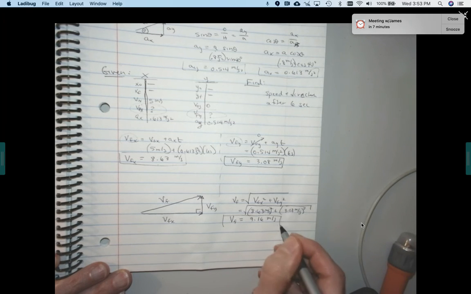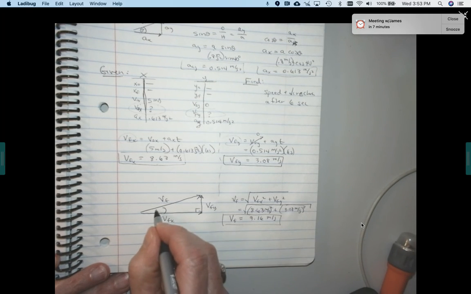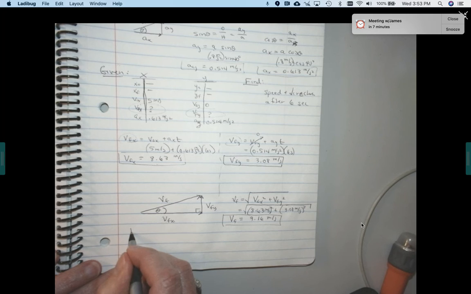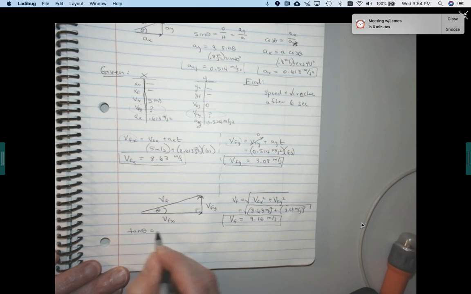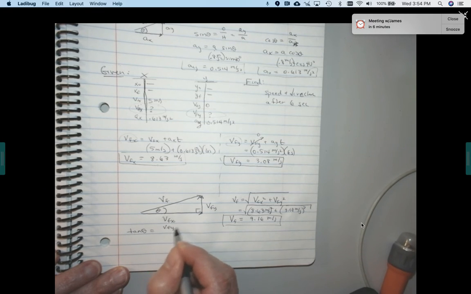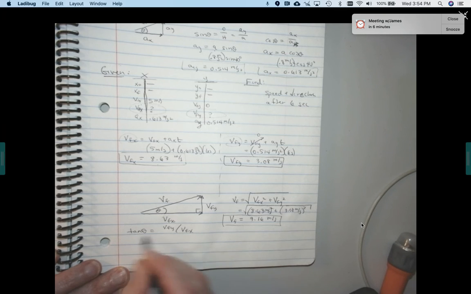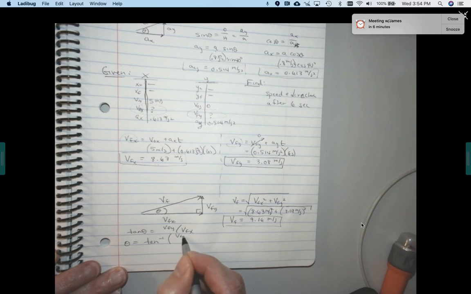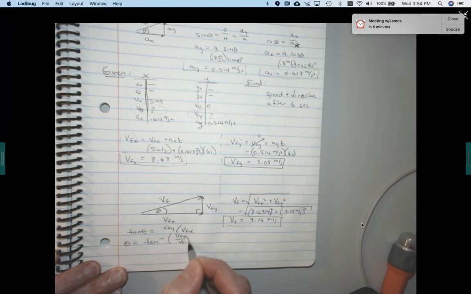Okay, so we are almost there. We just need to get our direction, which would be theta. And so tan theta is opposite over adjacent, so v final y over v final x. If I take the inverse tan of both sides, I get that theta is inverse tan of v final y over v final x, which I can plug in now.